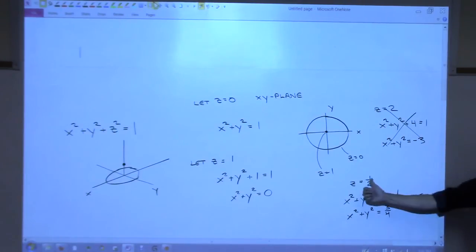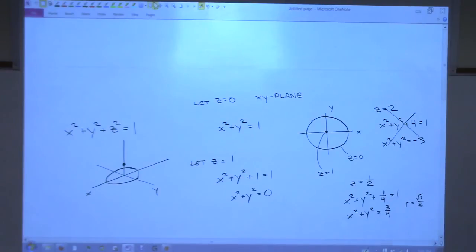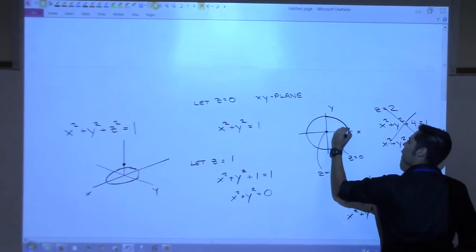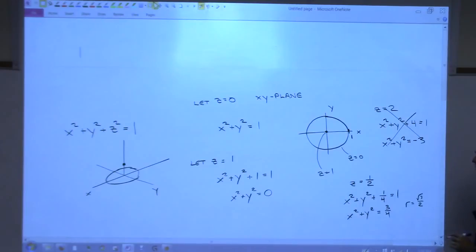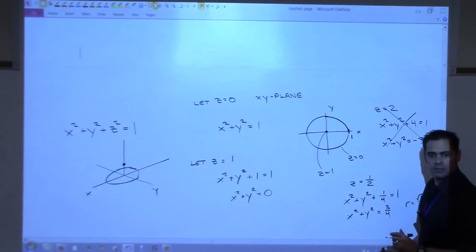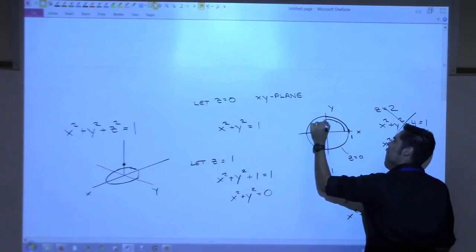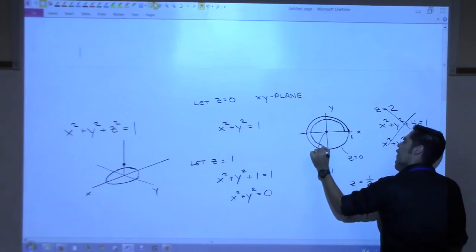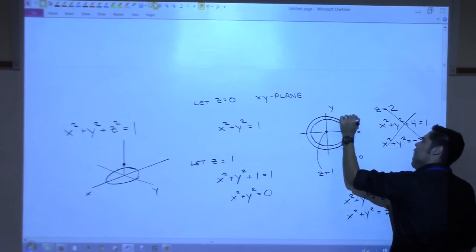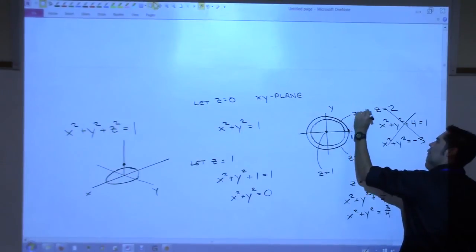Remember, the other side of the equation is r squared. What's root 3 over 2? Get on your calculator, go ahead. Remember, this was 1. Root 3 over 2 is 0.86. That's a smaller radius, isn't it, than this one. So 0.86 would be about like right here. That's what's happening when z is 1/2.